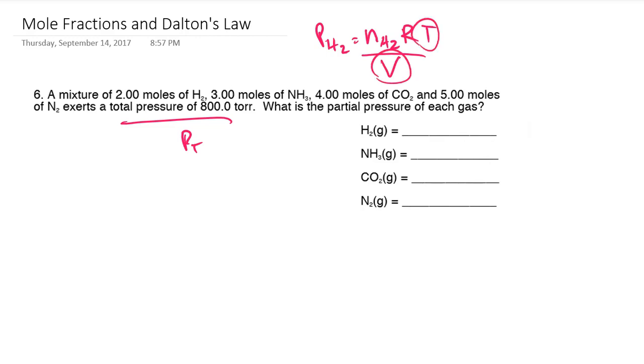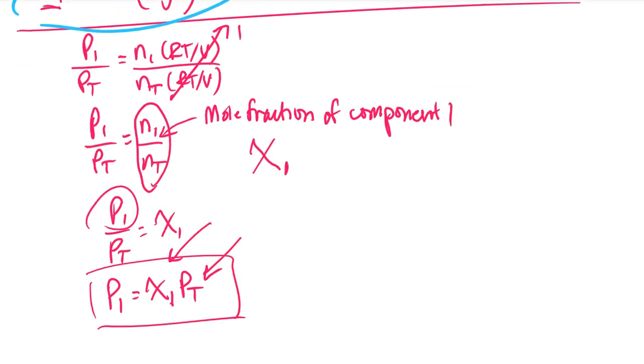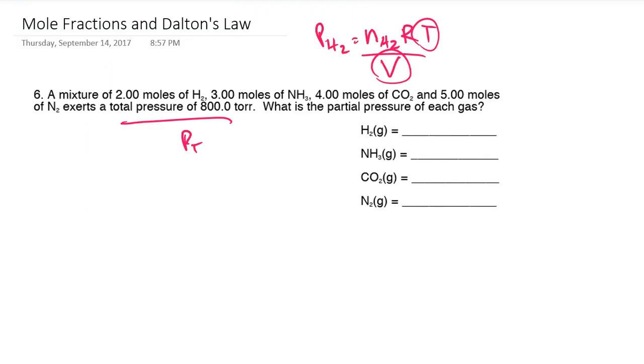I'm also missing the volume, so I can't use that approach in this particular problem because those two pieces of data are missing. But if you recall, based on our derivation, I could use this equation right here. Okay, I could, if I find the mole fraction for each component and multiply that times the total pressure, then I could actually calculate each of these partial pressures.